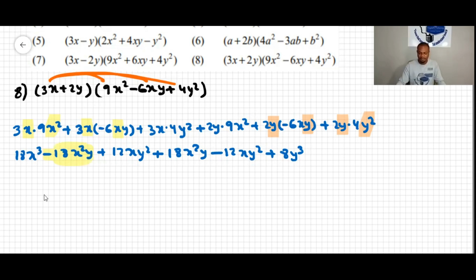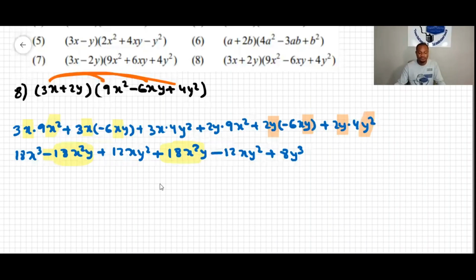We also have positive 12xy squared, and this also in terms of xy squared.